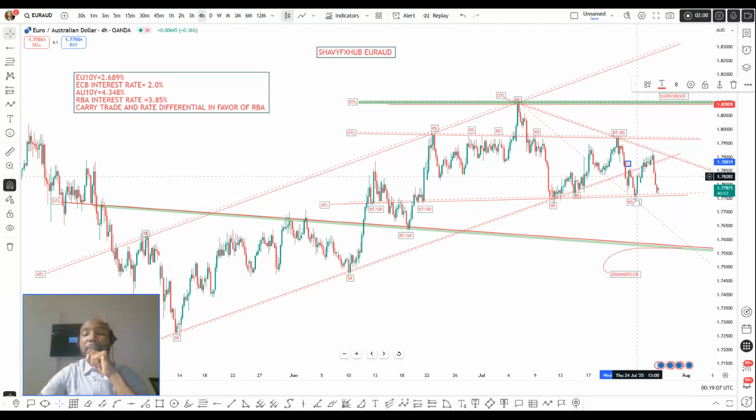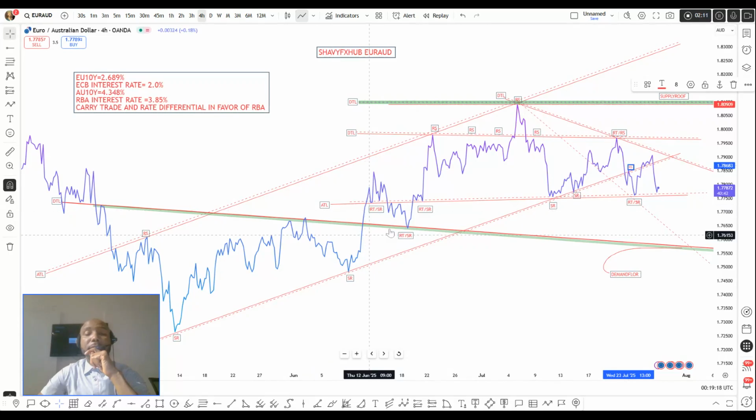Shortly after that, it ended in a sell after respecting a breakout from the ascending trend line.